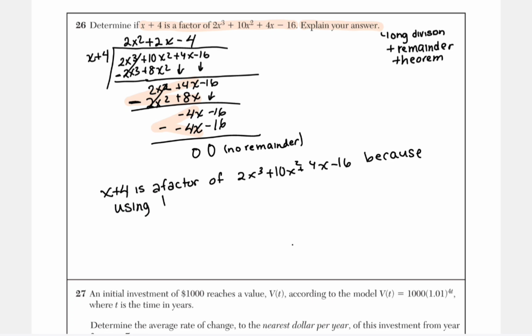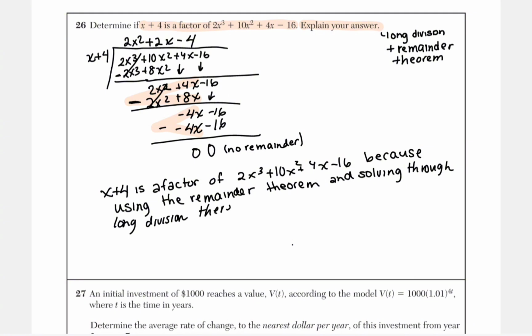because using the remainder theorem and solving through long division, there is no remainder left, meaning that x plus 4 is a factor.